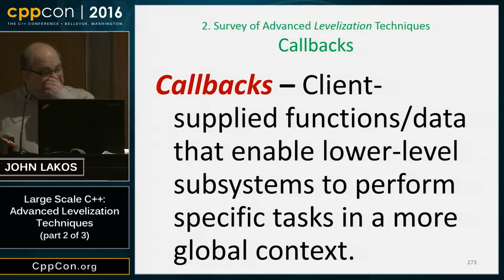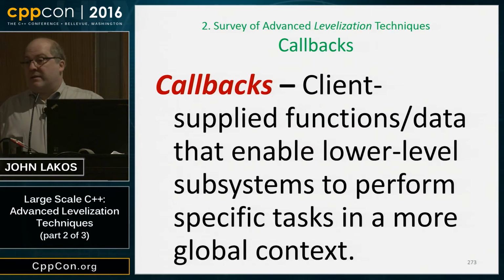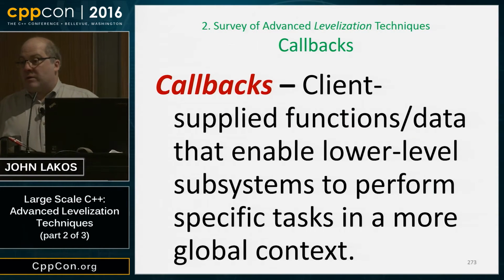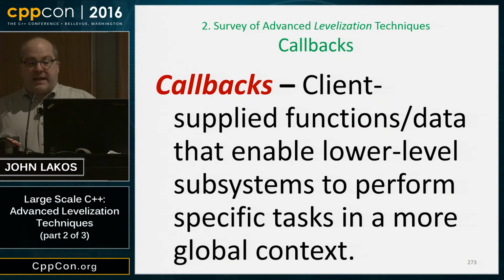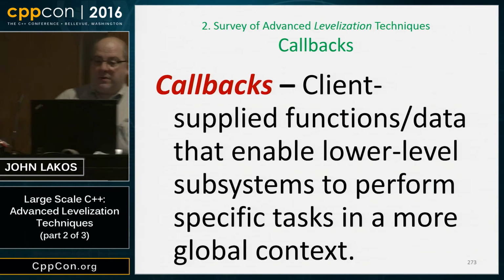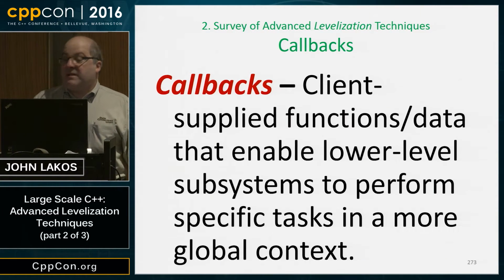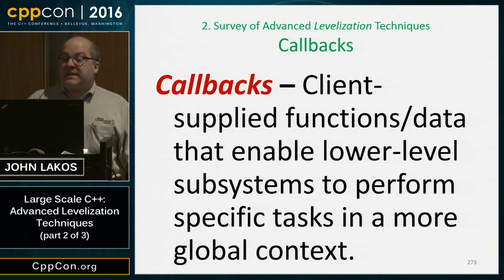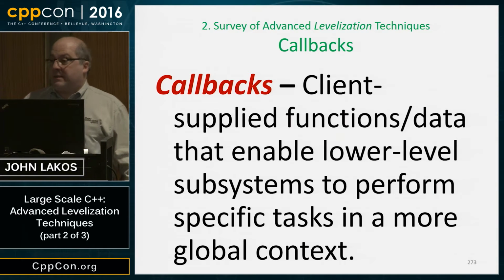All right. Now, this was really the technique of last resort when I originally wrote the book in 1996. But it turns out that it has come into its own in the last 20 years. And so there are really 5 variations of this, even though they're really kind of all callbacks. So we have a client-supplied function or data that enables lower-level systems to perform specific tasks in a more global context.